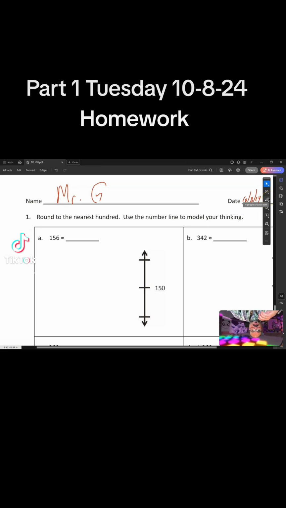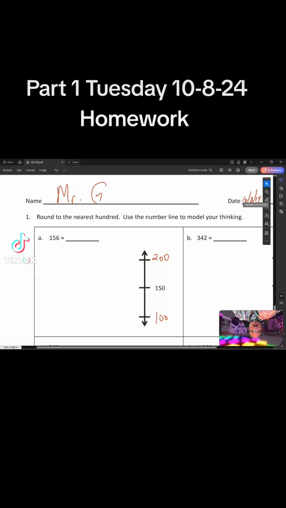Here we go. Number one, round to the nearest hundred. Use a number line to model your thinking. Okay. 156 is between which two hundreds? 100 and 200. Halfway is 150.